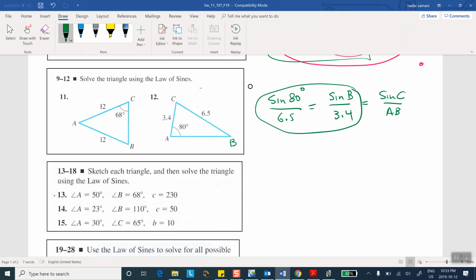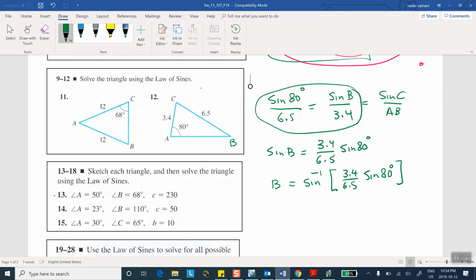We can immediately find B. So we have sine of B equal to 3.4 over 6.5 sine of 80 degrees. And therefore, the angle B is equal to sine inverse of 3.4 over 6.5 times sine of 80 degrees.